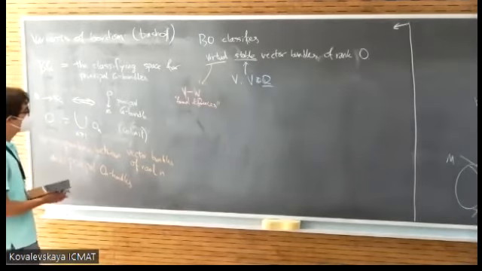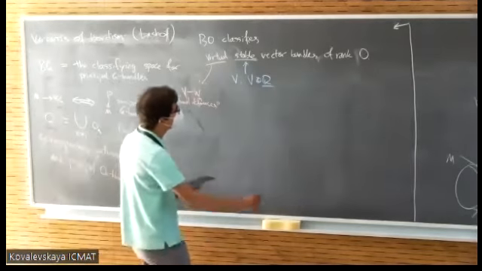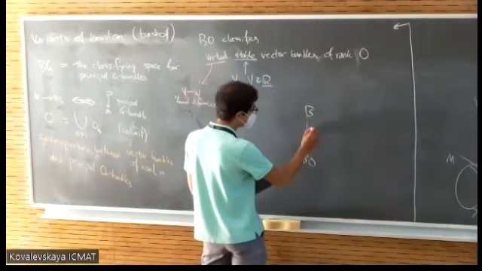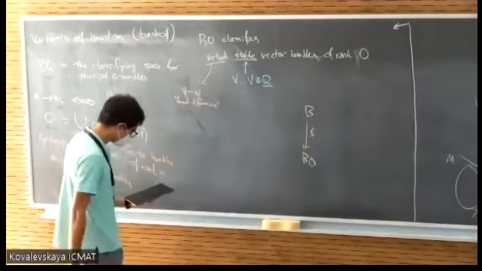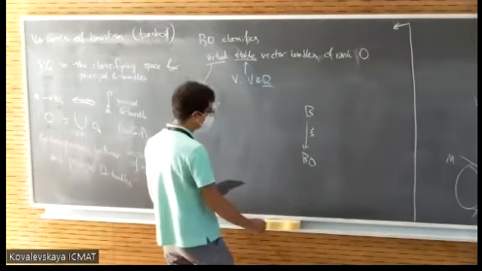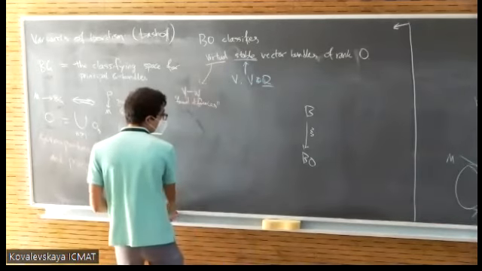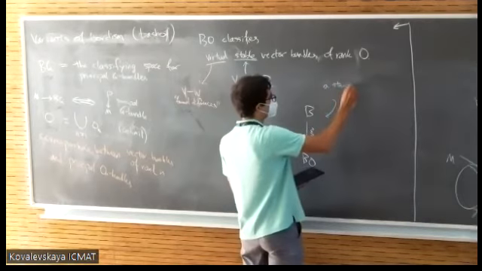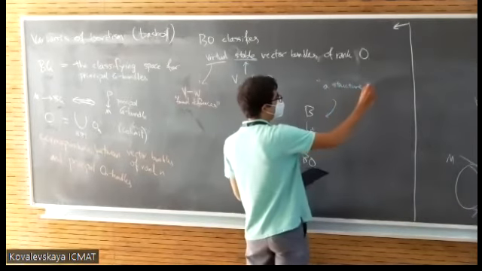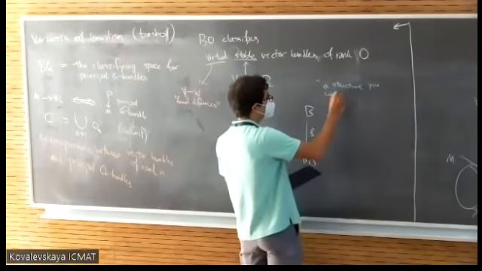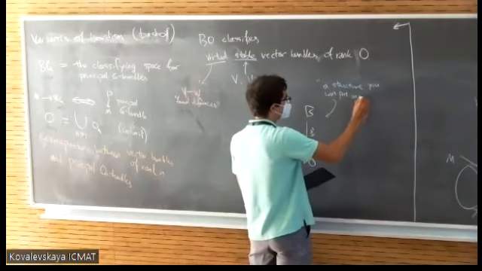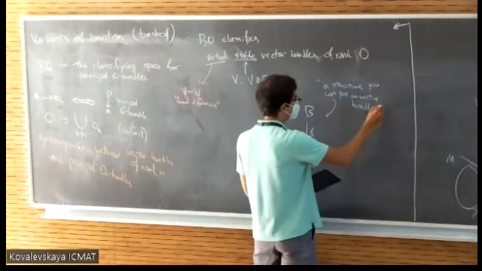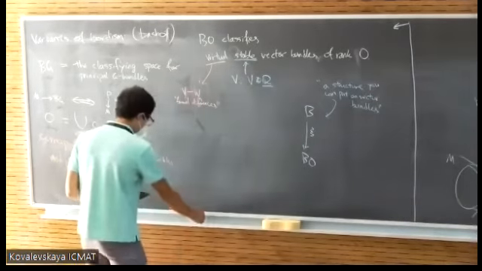Okay, so let's pick a space B and a map to BO, which I'm going to call psi. So this data is a structure you could put on vector bundles, in the following sense.